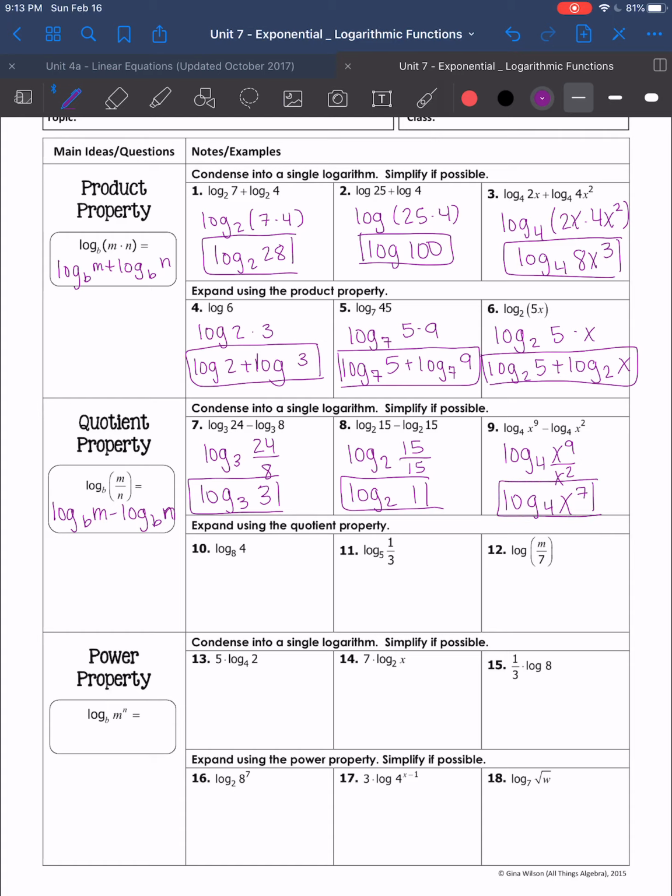If I want to expand using the quotient property, I can have log base 8 of 8 over 2, which is log base 8 of 8 minus log base 8 of 2. Then 1 over 3.